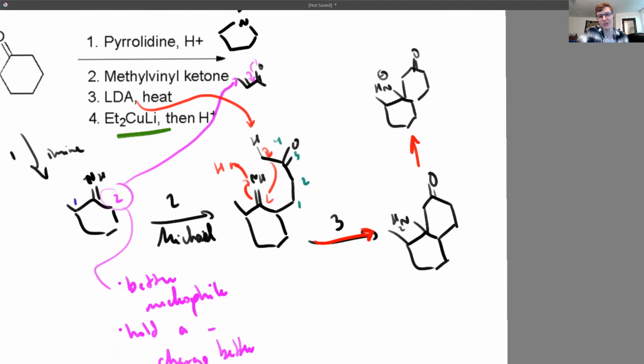I was going to say there might be some Michael addition stuff, because I remember that these are really good at Michael reactions, but they're only good at Michael. These are Michael donors. They do the attacking, right? But then we have an enolate here, which will also do the attacking. So not very useful. So maybe not.